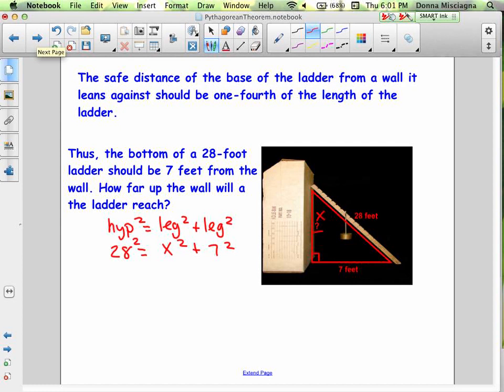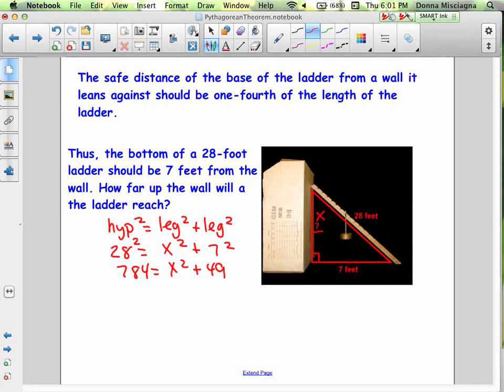We'll square those out. So 28 squared is 784. Yes, I hit the calculator with my hand before I had a chance to write it down. And this would be 49.